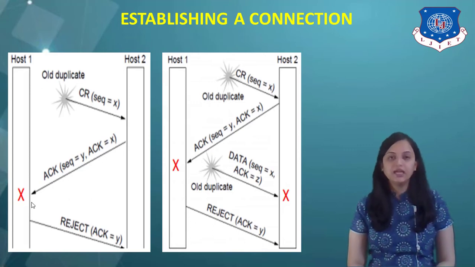The first case indicates the loss or duplication of CR, of which the acknowledgement received is incorrect, and then it will reject this acknowledgement. The second case is where the acknowledgement and the data are lost. These are the worst case scenarios in establishing a connection for the three-way handshaking case.